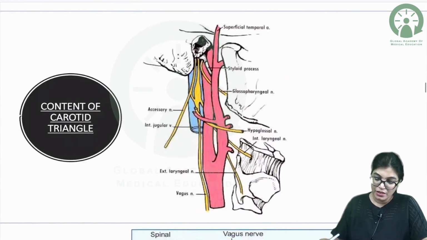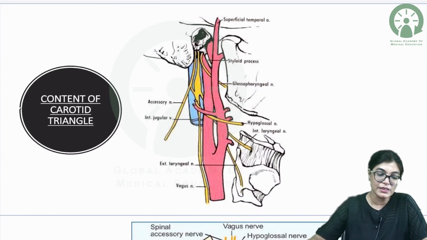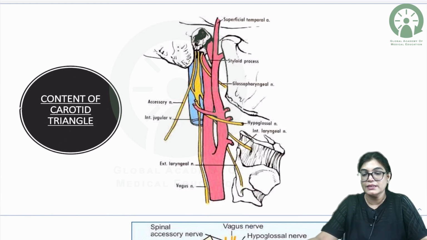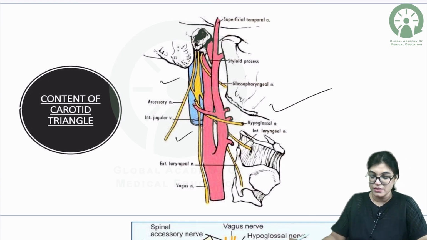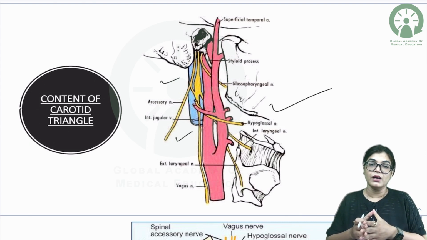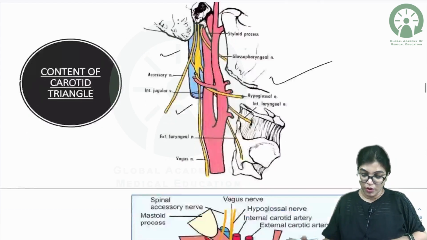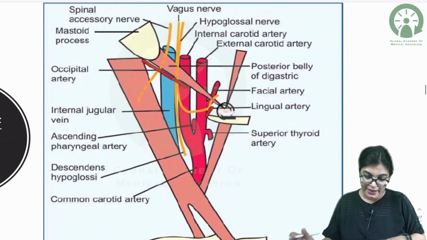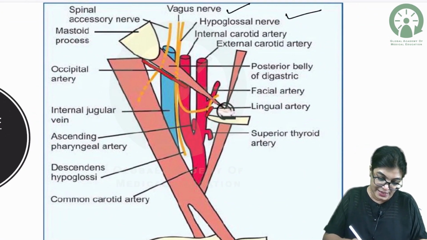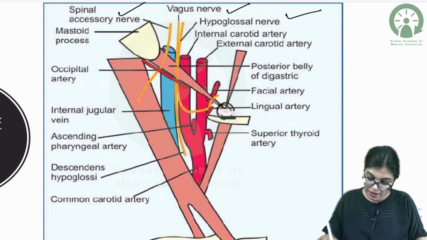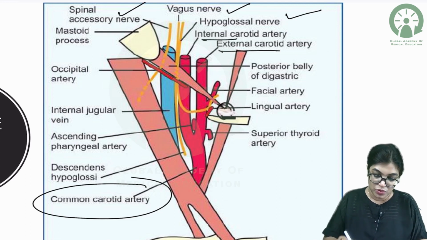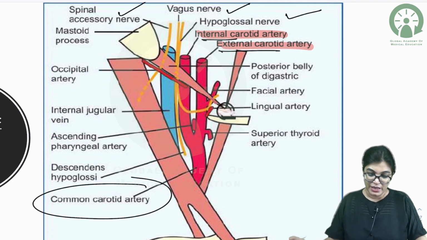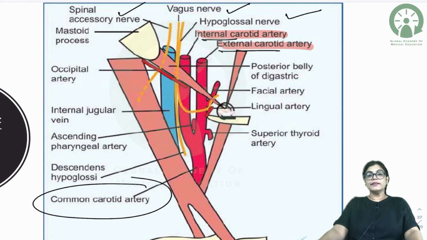If I talk about the carotid triangle, it contains the last 3 nerves, that is the 10th, 11th and 12th nerve, along with the common carotid artery, internal and external carotid arteries, internal jugular vein and vagus nerve as important content, along with the carotid sinus and carotid body. See here, this is a very clear cut diagram showing the vagus nerve, hypoglossal nerve, accessory nerve. This is showing the common carotid artery bifurcating into external and internal carotid arteries. All these form the content of carotid triangle.